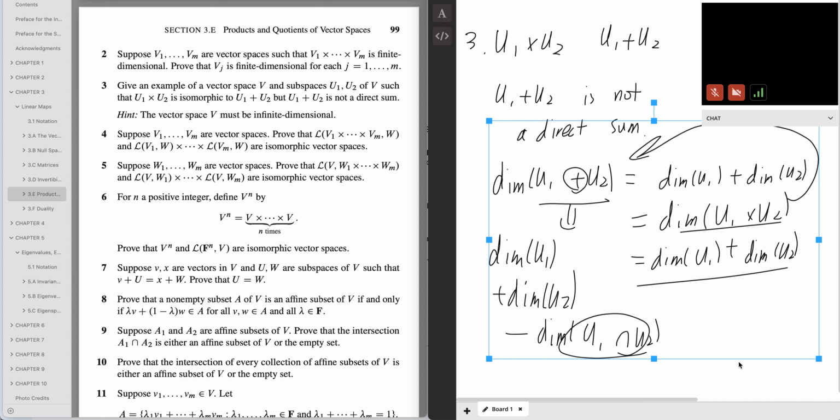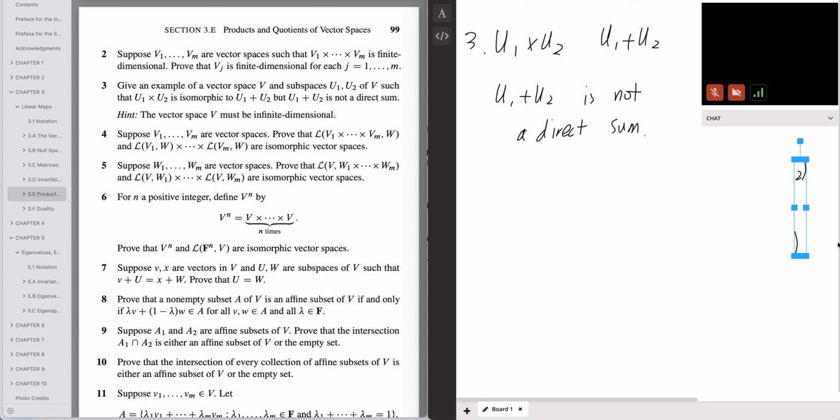So U1 cross U2 will always have greater dimension than U1 plus U2 if it is not a direct sum. And this is only talking about the finite dimensional case; somehow in the infinite dimensional case, the intersection does not lose any dimension on the U1 plus U2.